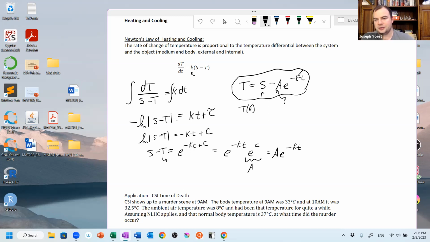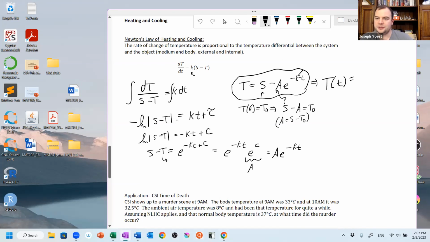Let's call T of 0 T naught, the initial temperature. E to the 0 is 1. So S minus A equals T naught, or A equals S minus T naught. So what do we have?